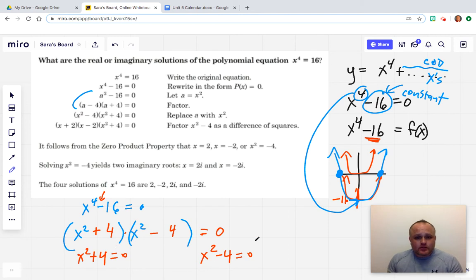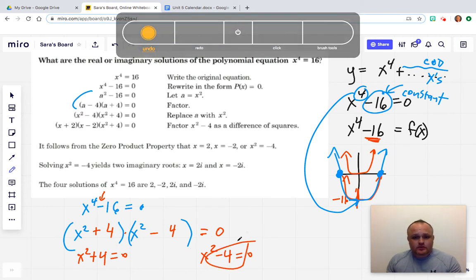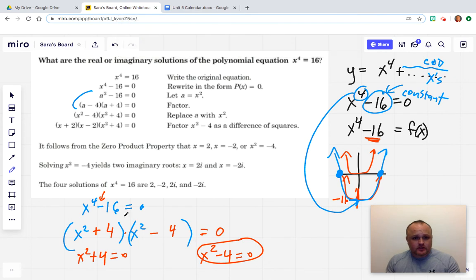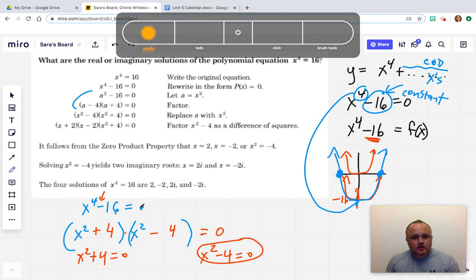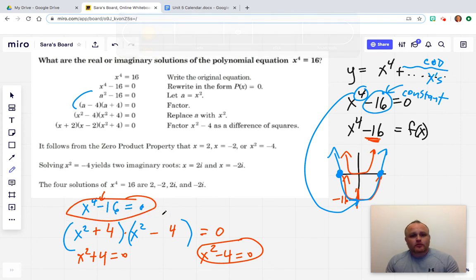So this is a difference of squares on the new level. You had a difference of squares way up here. But once you factor it by one level, the next one down also had another difference of squares. It was right here. So this one can further break up into x plus 2, x minus 2.